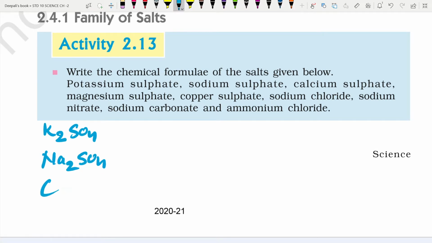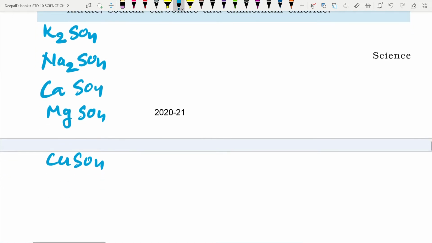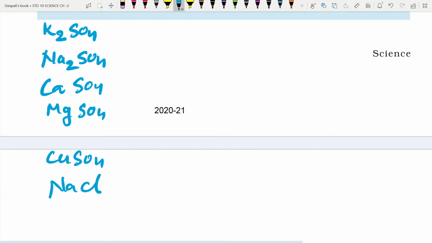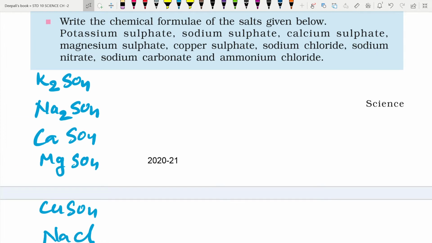Calcium sulphate, CaSO4. Magnesium sulphate, MgSO4. Copper sulphate, CuSO4. Sodium chloride, NaCl. Sodium nitrate, NaNO3. Sodium carbonate, Na2CO3, and ammonium chloride, NH4Cl.